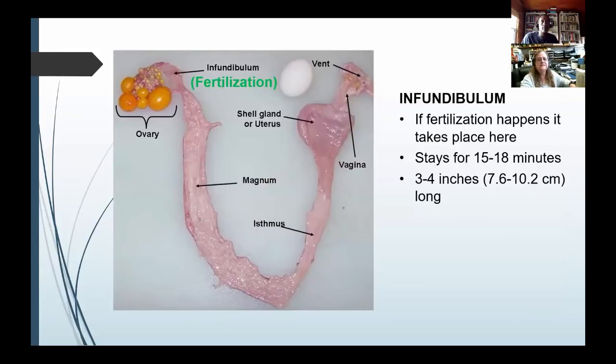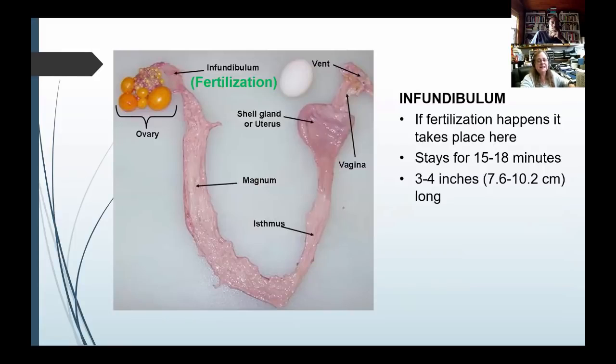Okay, so fertilization only happens, of course, if the hen has been with a male, and all laying hens in commercial operations are without roosters, so all the commercial table eggs you buy in the store are infertile. If fertilization is going to happen, it happens in the infundibulum before the rest of the material is added to the egg.